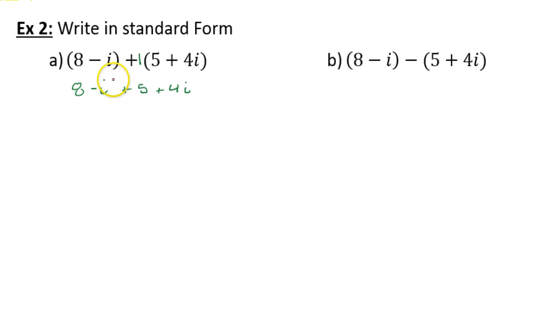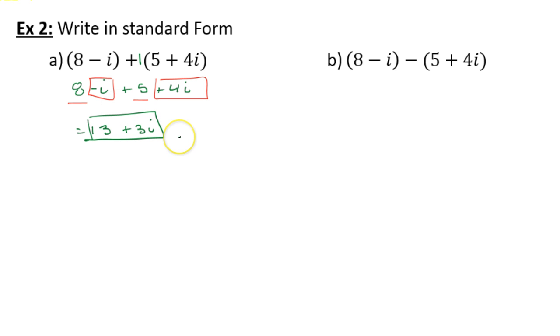At this point, there's nothing tricky but combining our like terms. So we have a positive 4i and a negative 4i. We have these integers, or these real components. When we add them up together, we end up getting 13 plus 3i as our solution. So it's 8 plus 5 is 13, and then our imaginary solution in the back.